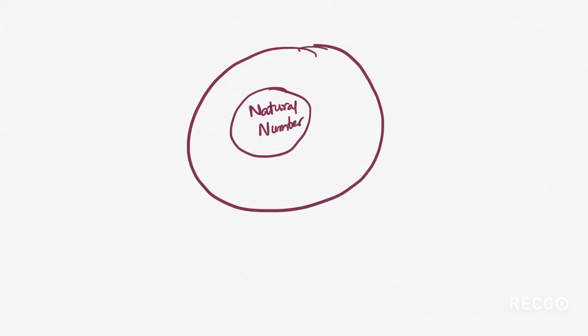This is one set. It is the natural number set. This is another set, the whole number set. Natural numbers start from 1, 2, 3 and so on, and for whole numbers, one number, 0, will be added to natural numbers.